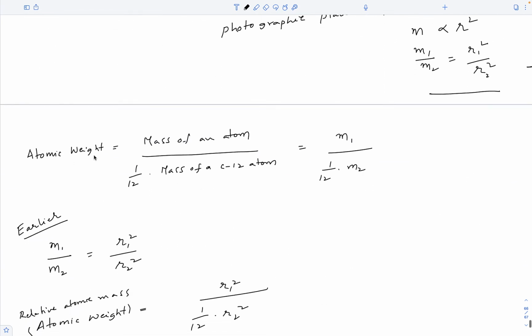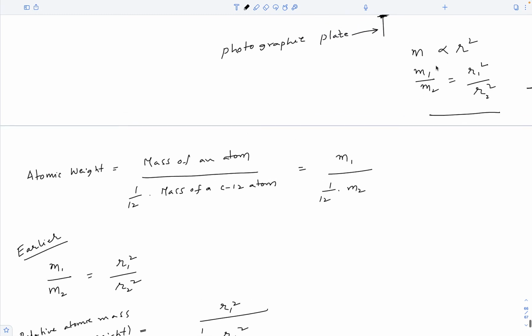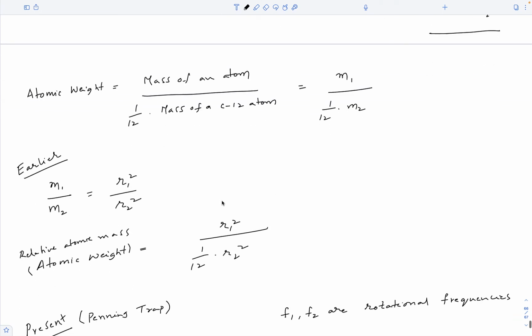By definition, atomic weight is the mass of an atom over 1/12 of the mass of a C12 atom. Now, if M1 is the mass of this atom and M2 is the mass of this reference atom C12, then M1 over M2 is equal to R1 squared over R2 squared. So we can replace this with R1 squared over R2 squared.